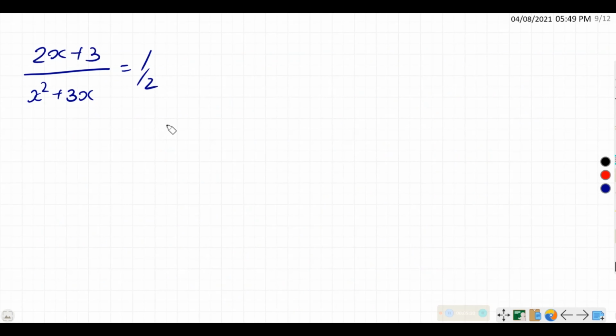Now this is equal to 4x plus 6 equal to x square plus 3x. Further it can be rearranged in a quadratic equation format: x square minus x minus 6 is equal to 0.